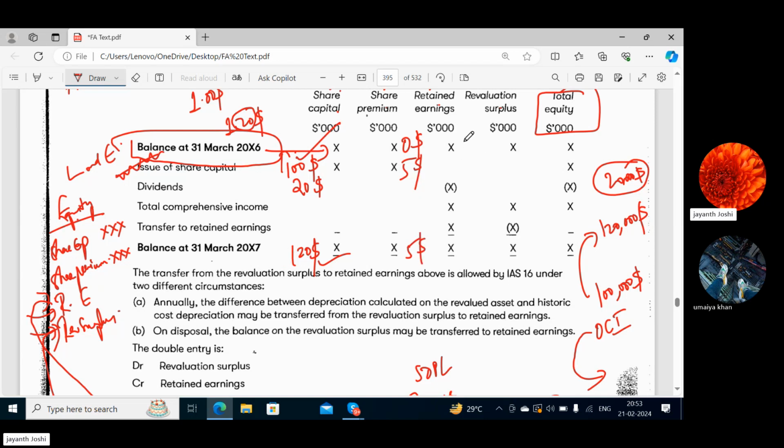Retained earnings opening balance was, let's say, $50. The company has paid dividends of $5 to shareholders, and total comprehensive income is nothing but the entire total of the comprehensive income, some $5, and some amount transferred from revaluation surplus to retained earnings.